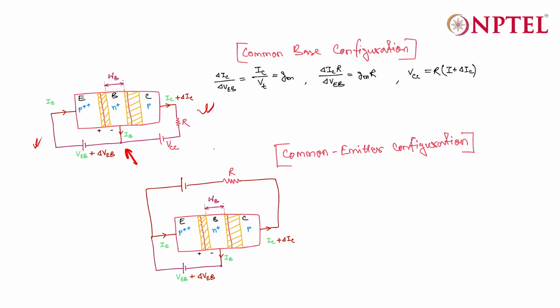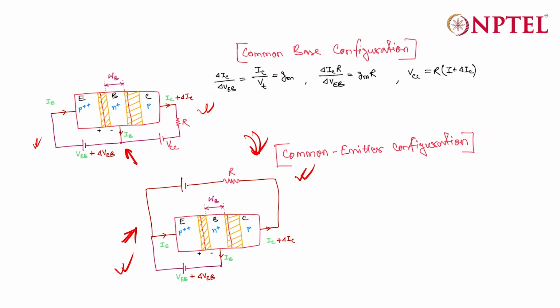Similarly, you also have a configuration which is known as common-emitter configuration, where the emitter is common with input and output both. And similarly, you will also have common-collector configuration.